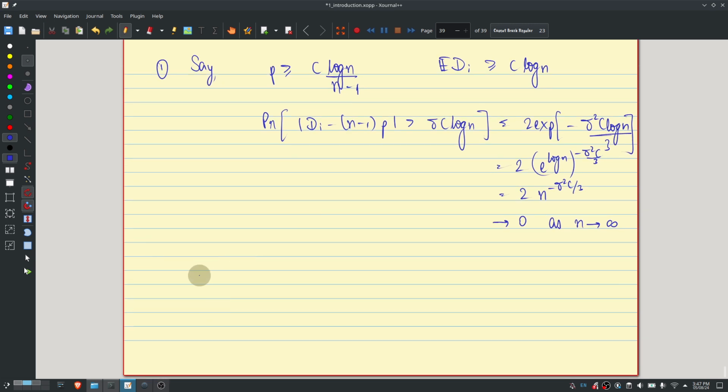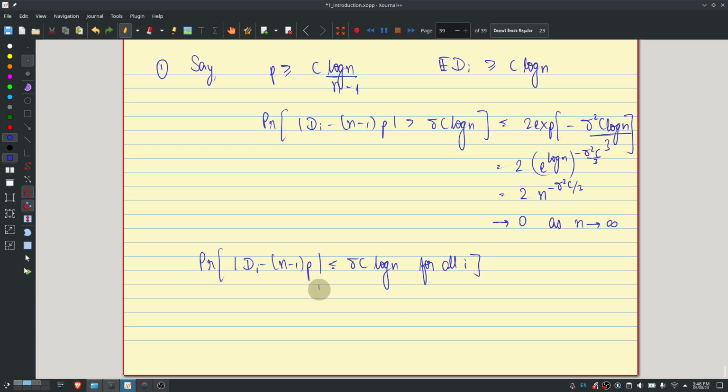So the probability that I'm interested in is the probability that di minus n minus 1 times p, the expected value, is less than or equal to delta times c times log n for all i.